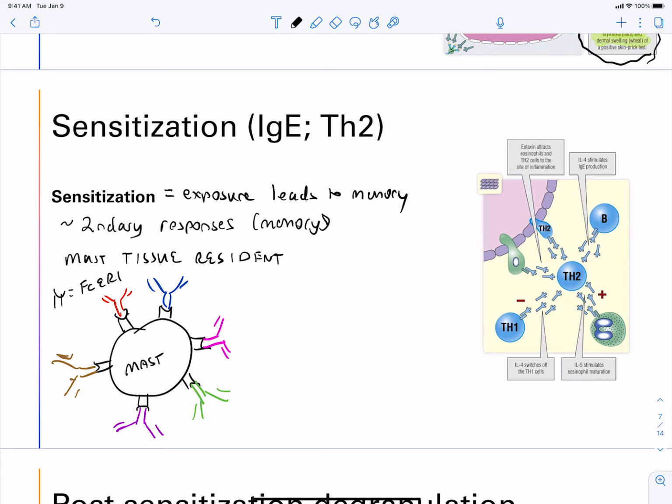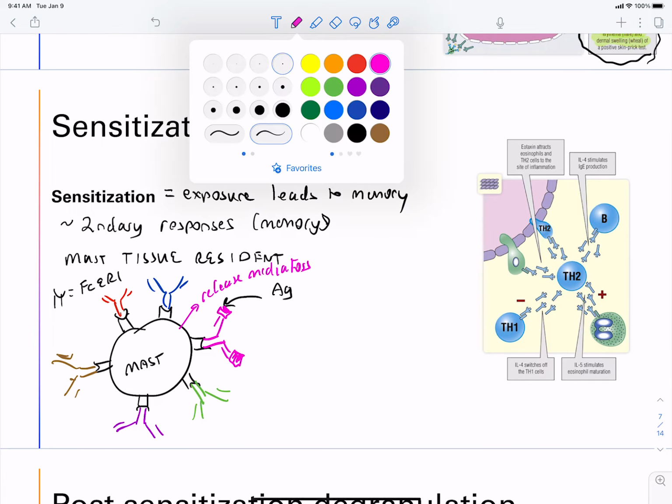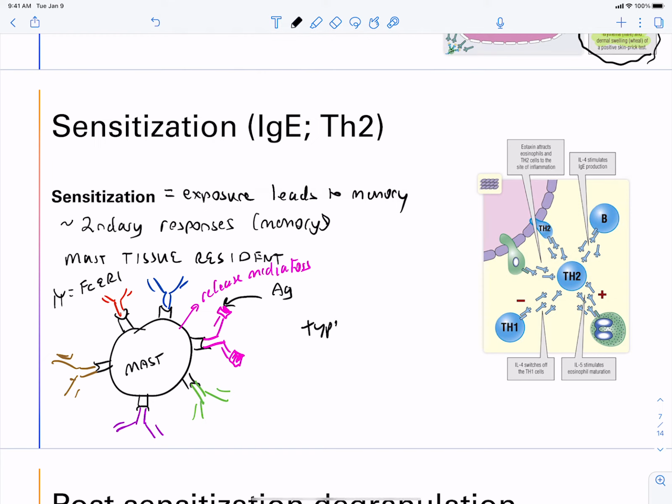And then you have an antigen that will bind to the IgE, and then it will activate the mast cell. Now, depending on the type of antigen, there's one that's local, so you'll get a local response. And then number 2 is systemic. And this is where you get a systemic response.